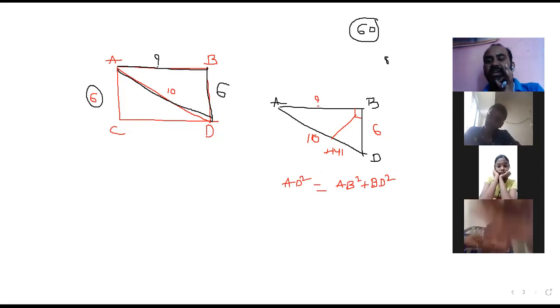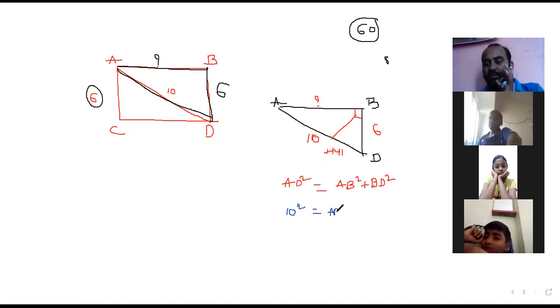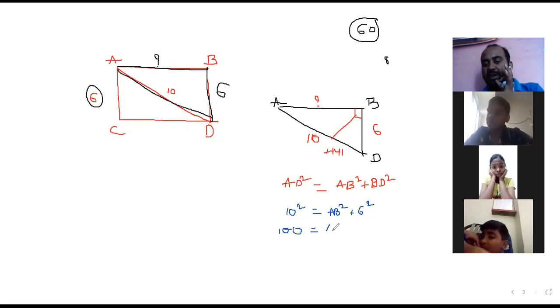This is the Pythagoras formula, modified. AD is 10, so 10 square equals AB square, which I have to find, plus BD square, 6 square. 10 square is 100, equal to AB square plus 36. 6 square means 36.